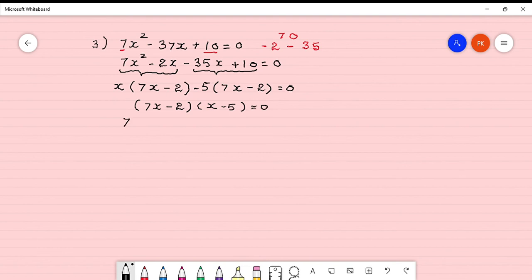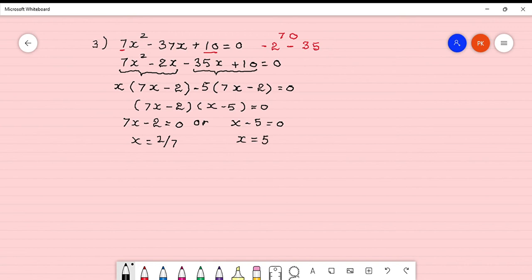So 7x - 2 = 0, or x - 5 = 0. So this gives x = 2/7 as one solution, and this gives x = 5 as the second solution.